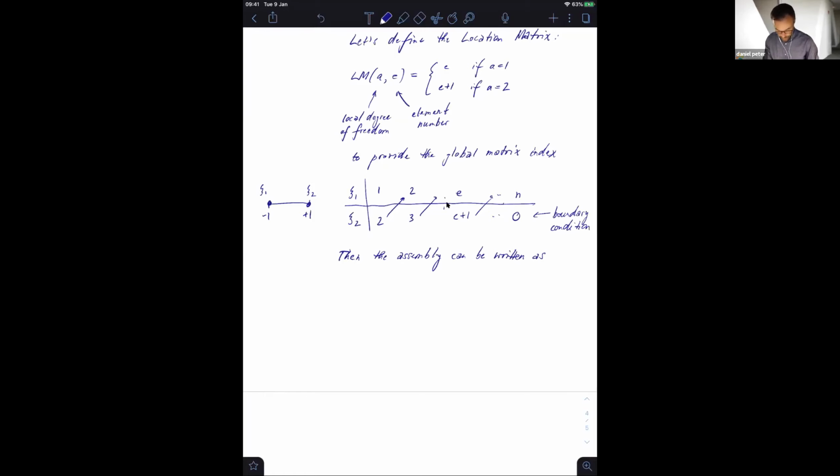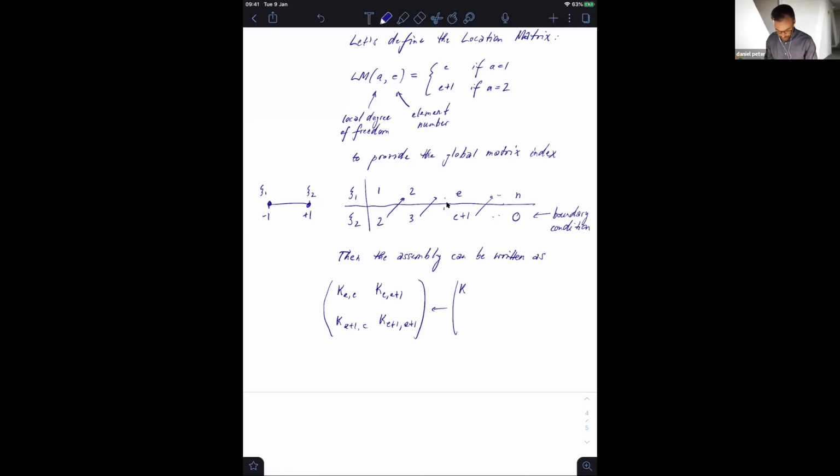So we have the contribution to the global stiffness matrix, that's the contribution at (E, E), (E, E+1), (E+1, E), and (E+1, E+1). That's the indexing in the global matrix.